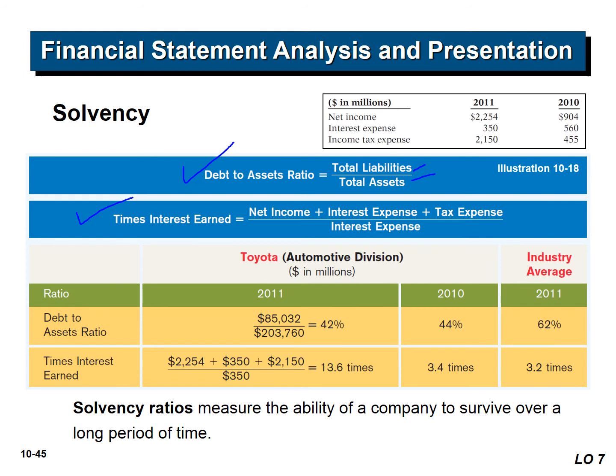You'll see that Toyota's debt to asset ratio is hovering in the low 40s, but the industry average is 62%. So they have much less debt than the rest of the industry, and that is a good sign. For times interest earned, a higher number is better, and they did really well in 2011. In 2010, they were about where the industry is.